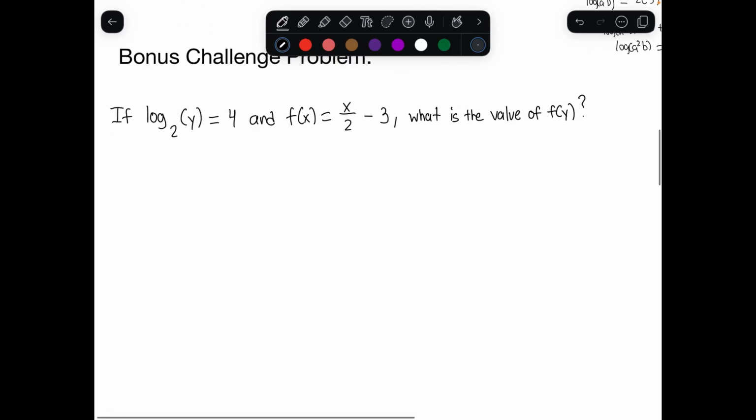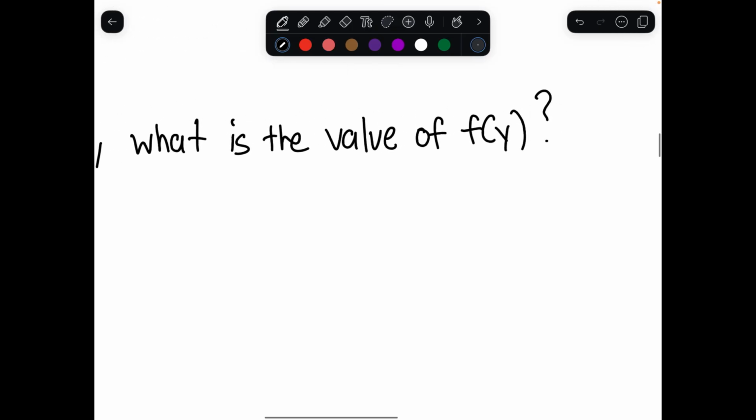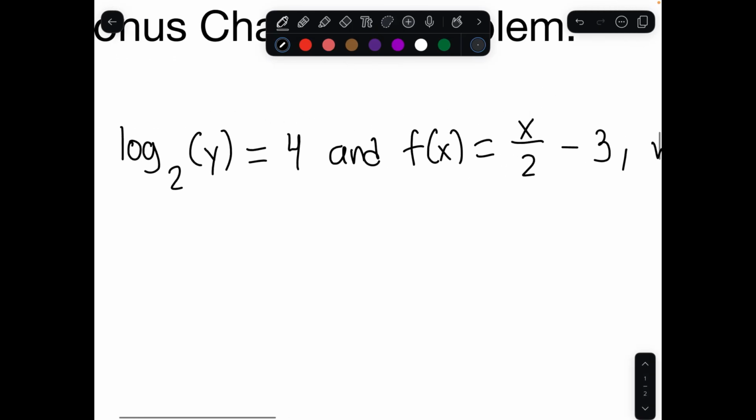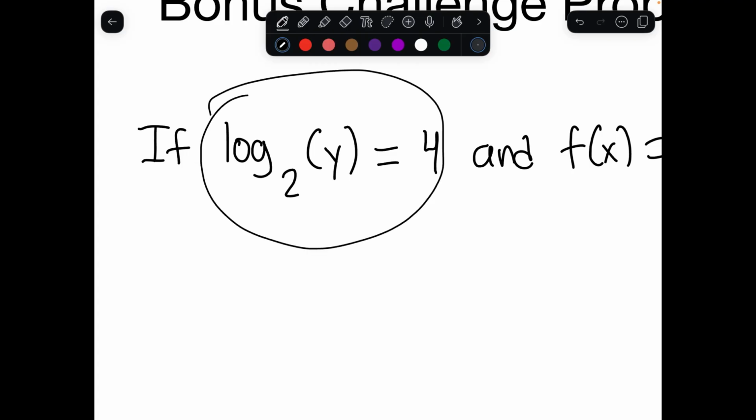Now let's move on to the bonus challenge problem, which says if log base 2 of y equals 4 and f of x equals x over 2 minus 3, what is the value of f of y? We don't know what y is, but we can find y using the log equation we have here.